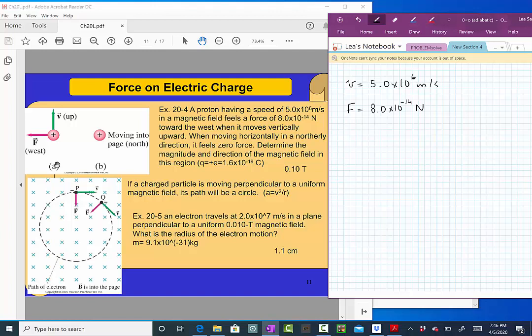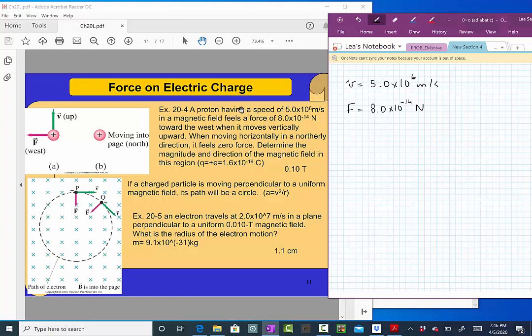Okay, and in this problem, they will say that into the page is north and out of the page is south. Okay, so what are the directions that we have here? Up and down, west and east, and then into the page is north, out of the page is south. Okay, so let me read again the story about the direction.